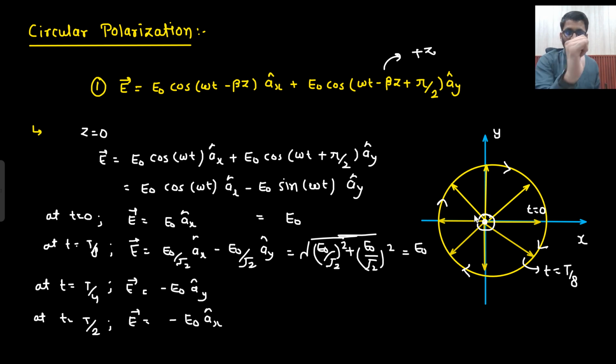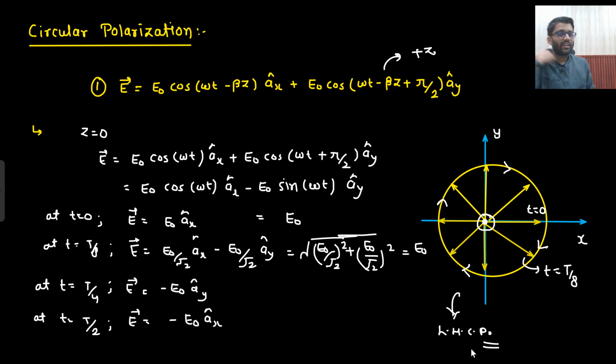Left hand, because the thumb should point towards the direction of propagation and the fingers should move in the direction of polarization. Is that clear to you? The fingers are moving like this and the thumb is towards the direction of propagation. So I need to use the left hand. So this is known as left hand circularly polarized.